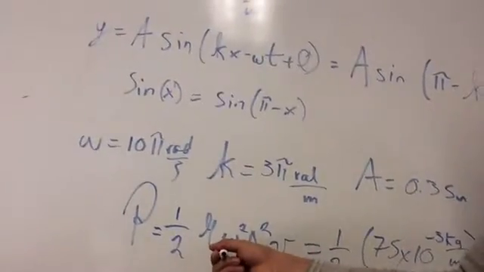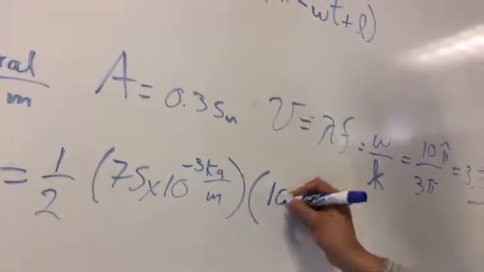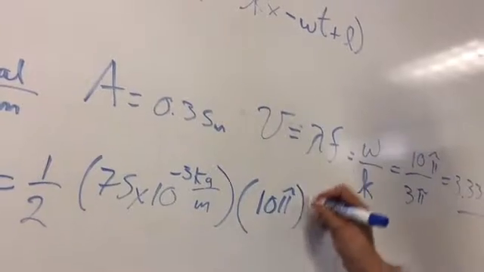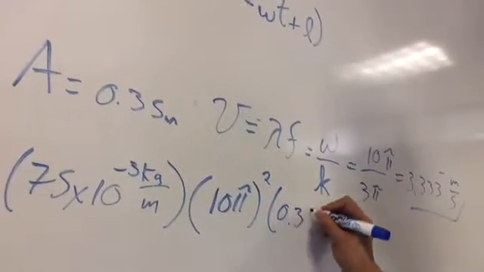Then I'm going to use the angular frequency, 10π, squared, times 0.35, that is our amplitude, squared, and times the velocity.